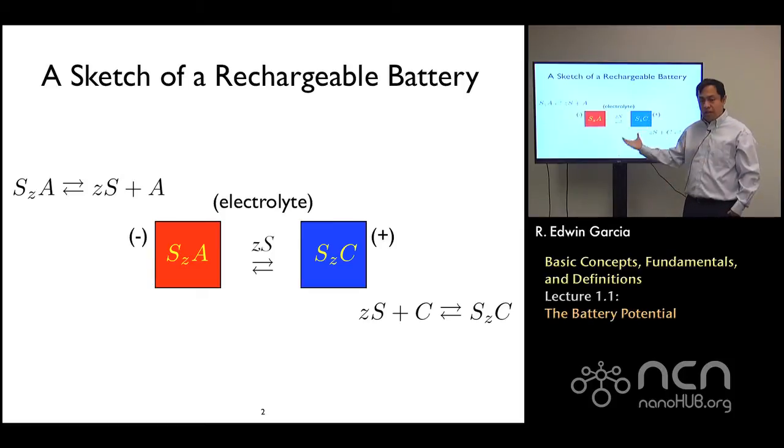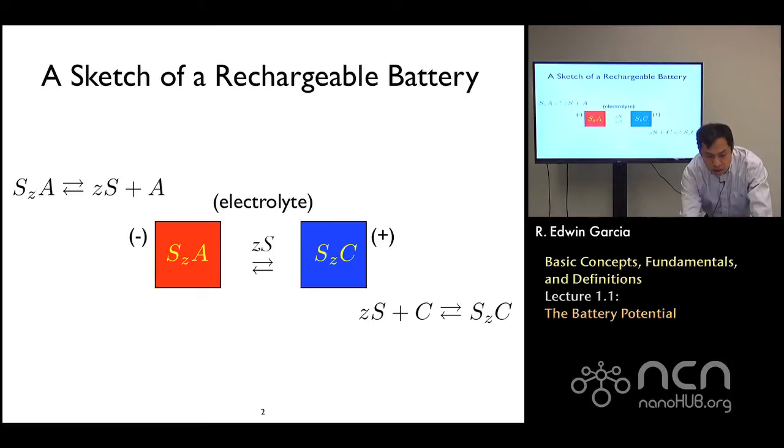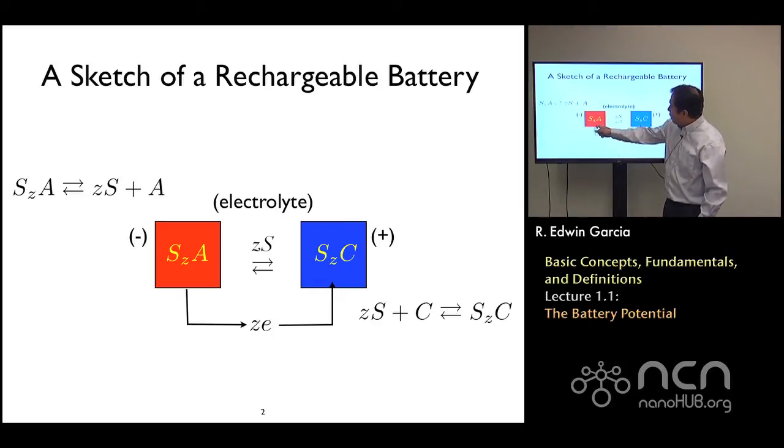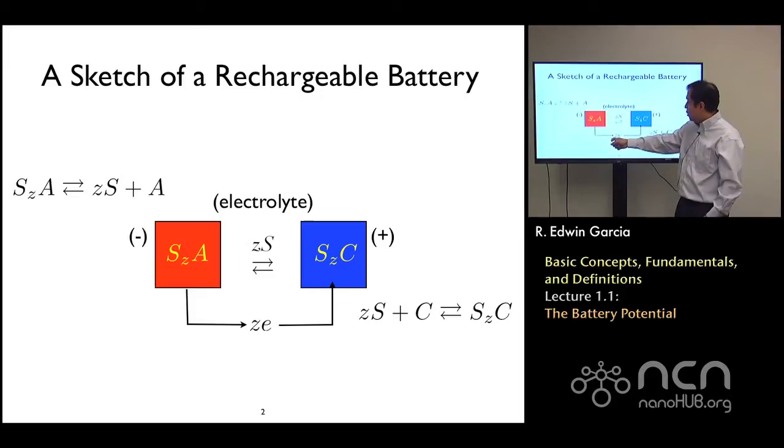Now, what makes this a battery is when during that same reaction, we actually manage to move, for every ion, for every atom of the species S, which in this case we're not really meaning sulfur, we're just meaning some general species S, we move it not through the electrolyte but outside to power our electronics or whatever device, and put it back on the counter electrode.